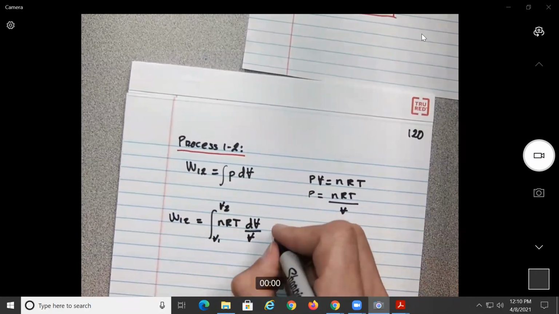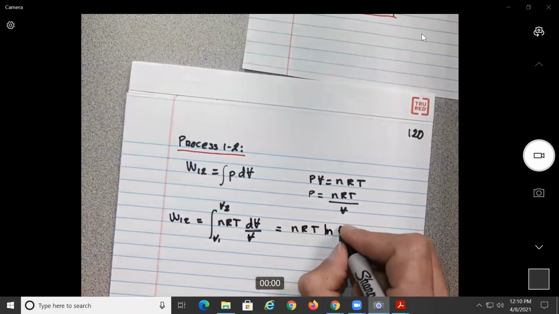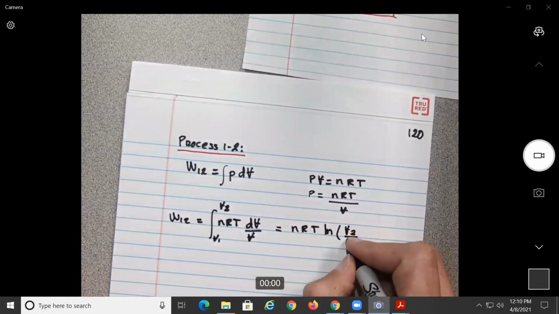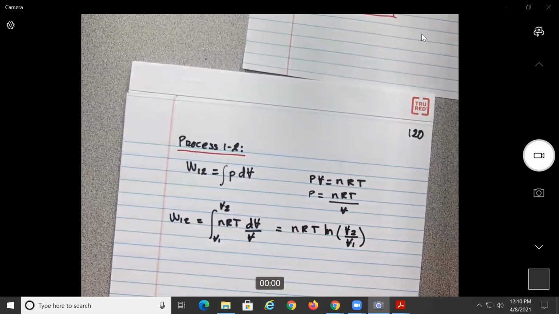So this is going to give us that this is equal to nRT log V2 over V1.